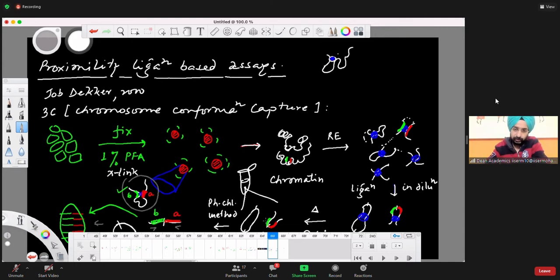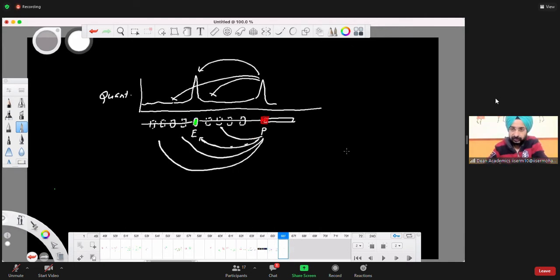Let's say this was your nucleus, and inside the nucleus you have digested the chromatin through pores. You made pores out there, let's say through certain buffers, permeabilizing agents, and so on.